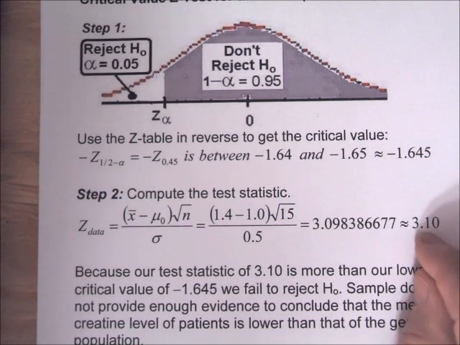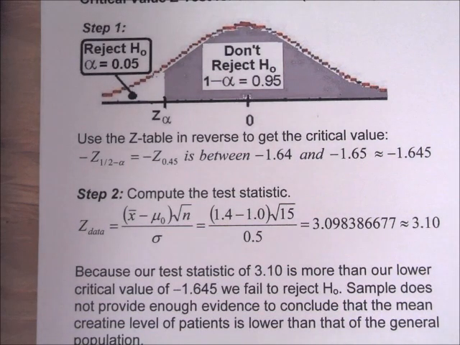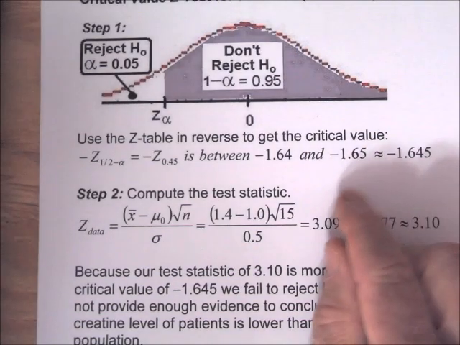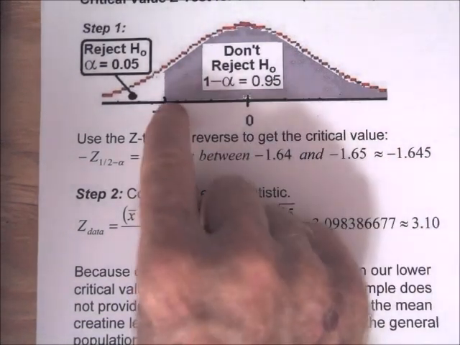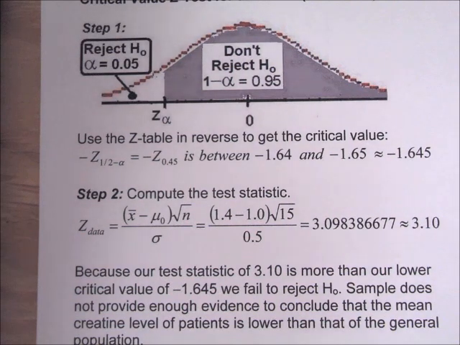our test statistic is the same at 3.10. In order to reject H naught on the left side, our test statistic would have to be less than the critical value, but it's not. 3.10 is more than negative 1.645, so that means we fail to reject H naught.